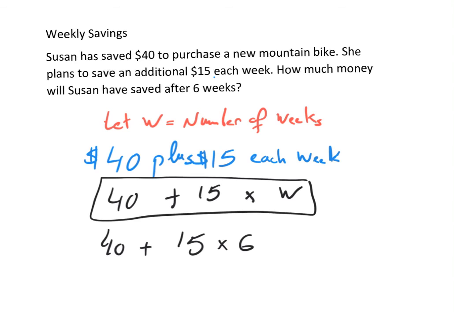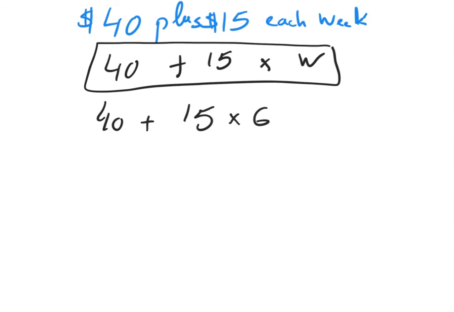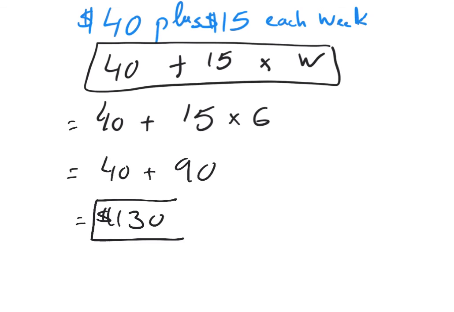By using PEMDAS here, multiplication goes first, and 15 times 6 will be 90, right? And we're going to add it to 40. It's going to be $130. So after 6 weeks, Susan will have saved $130.